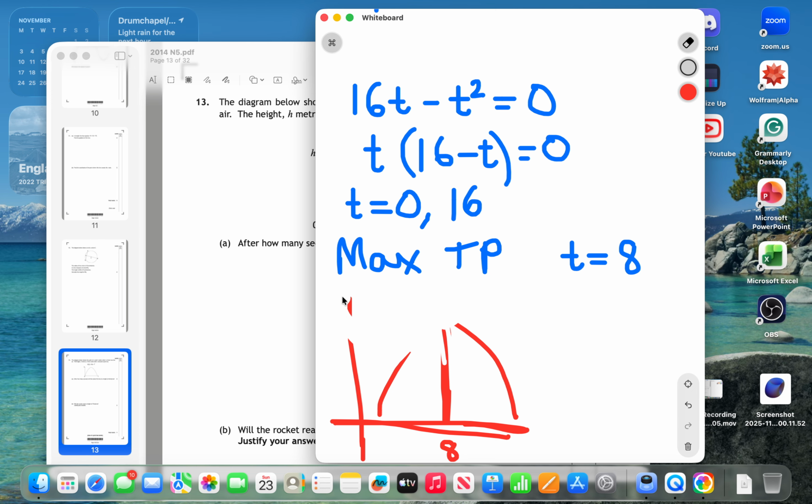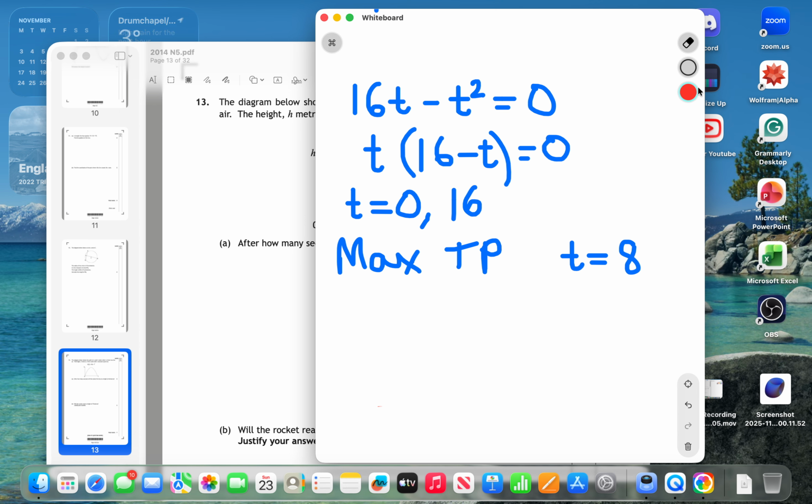So once we find that value of t, we then want to find the maximum height.